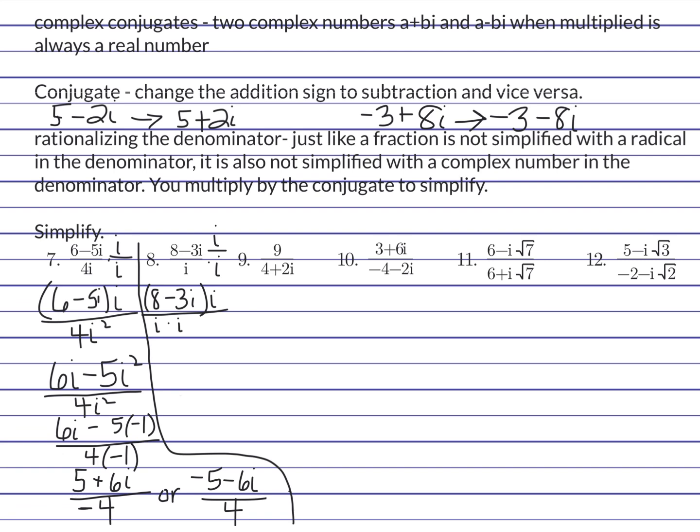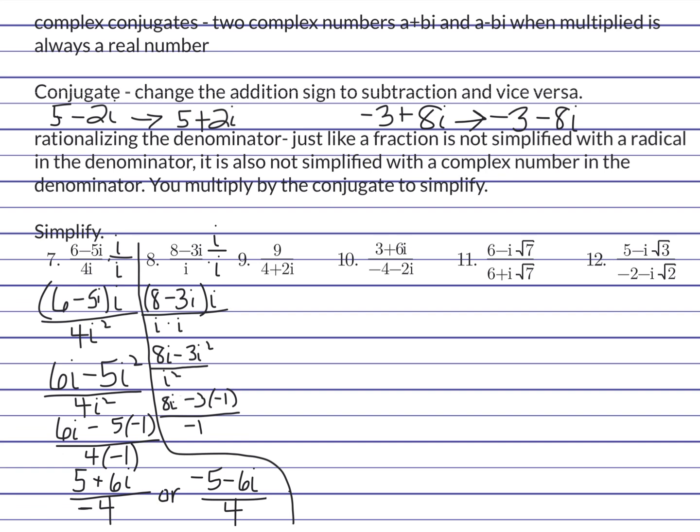And I make those i's that way just so that, I don't know, to me it looks like a complex number and not just the letter i. Okay, I'm going to distribute: 8i minus 3i squared over i squared. So 8i minus 3 times negative 1 divided by negative 1.